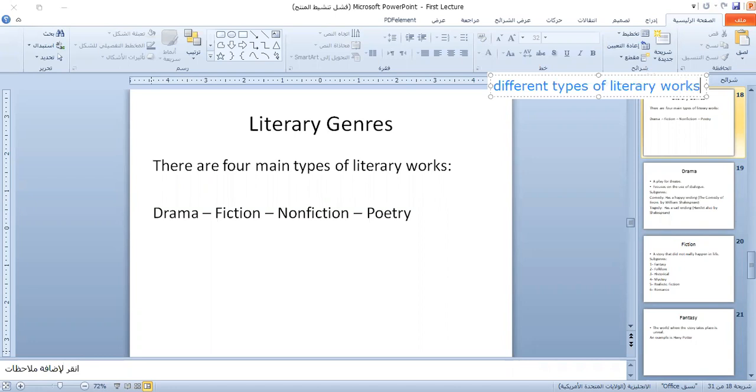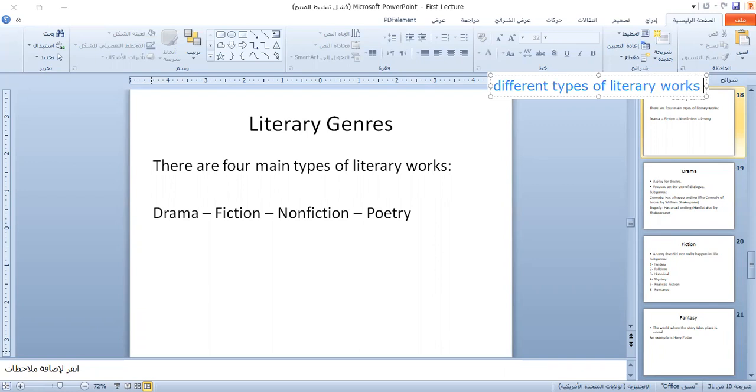Now, again, the word genre means type. We have translation genres. We have medical translation, legal translation, religious translation. So these are the different genres of translation. When we say genre in our literary classes, we mean the different types of literary works.